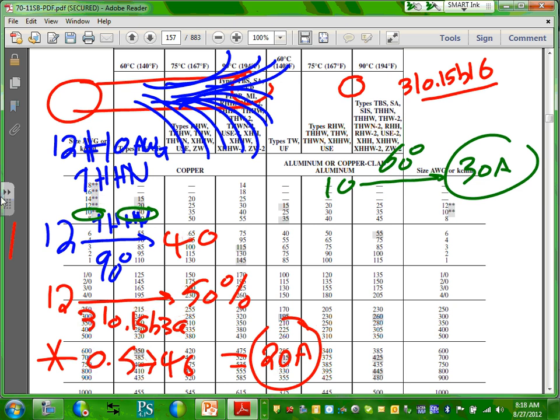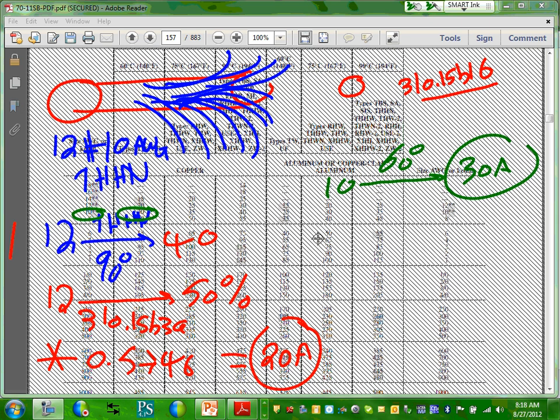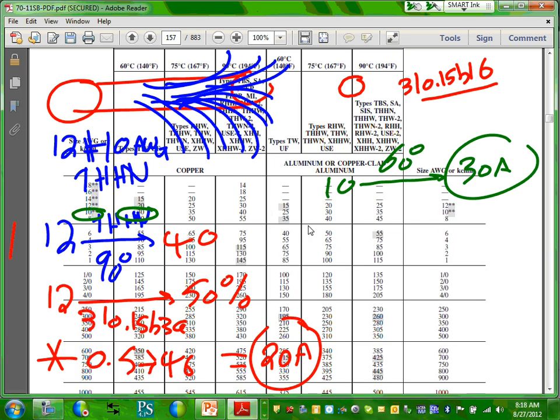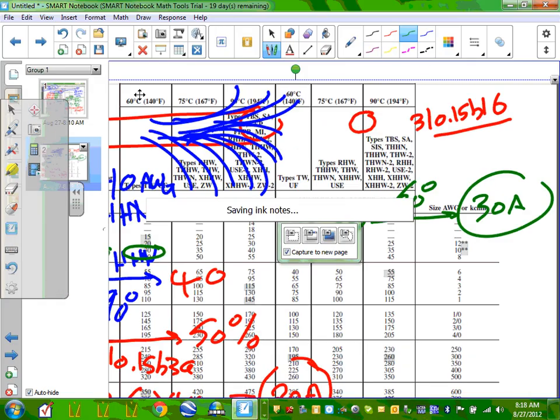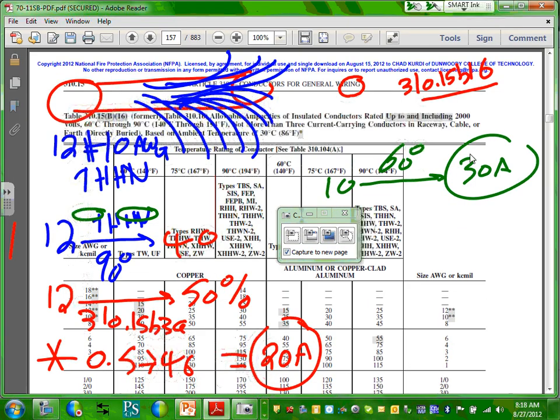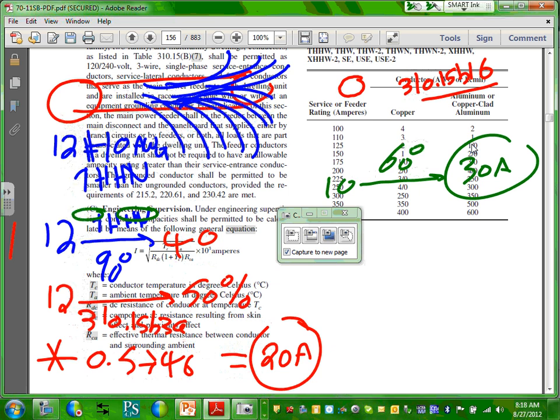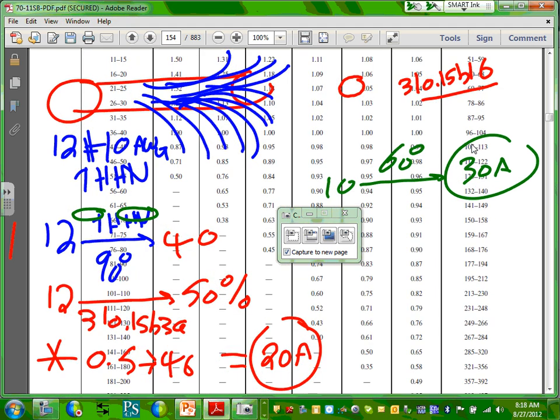So that's derating. Let me take a snapshot here. Any question, guys, about this before I go back into my derating based on temperature?